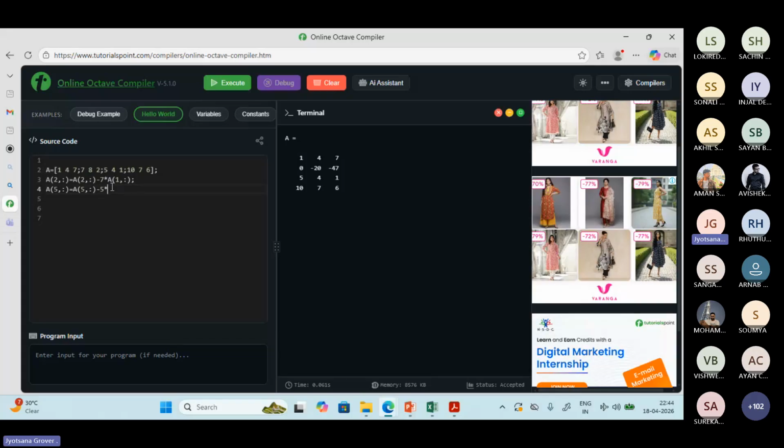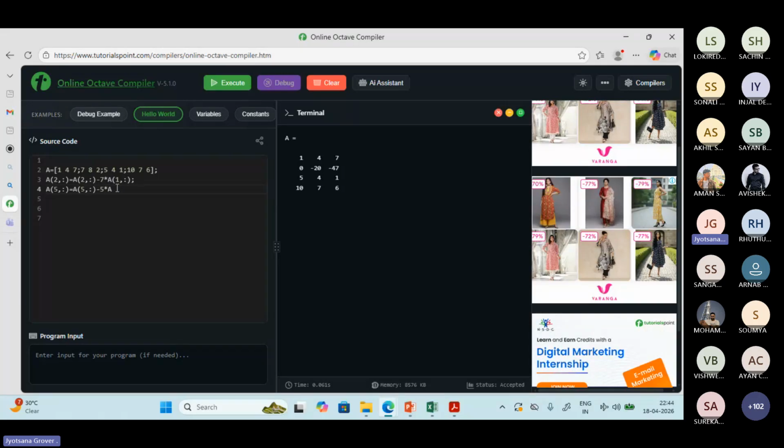You can do that also, but let's be more structured, because here we are making the entries below the leading entry of row 1 equal to 0. Since we are looking at the row 1 leading entry, we'll do operations involving row 1 only.